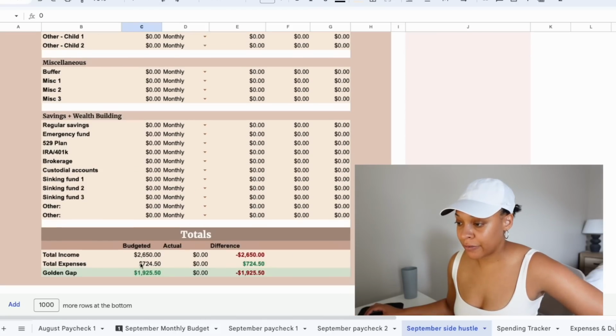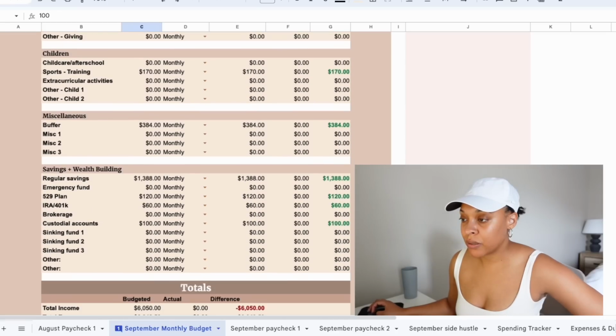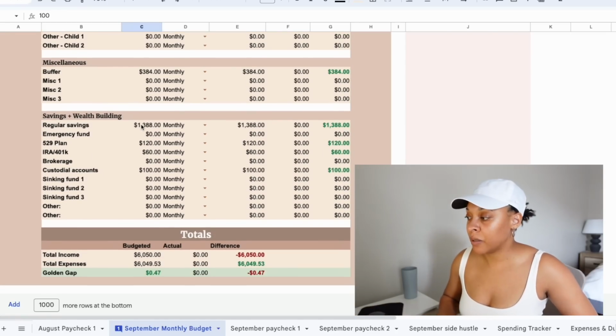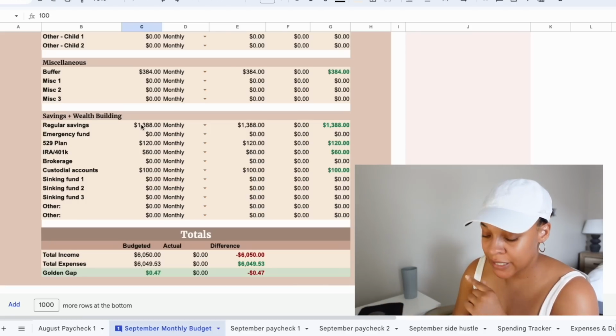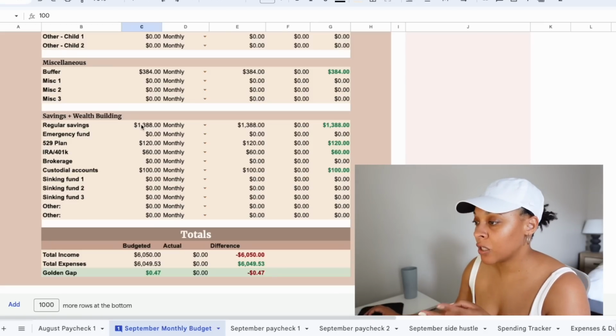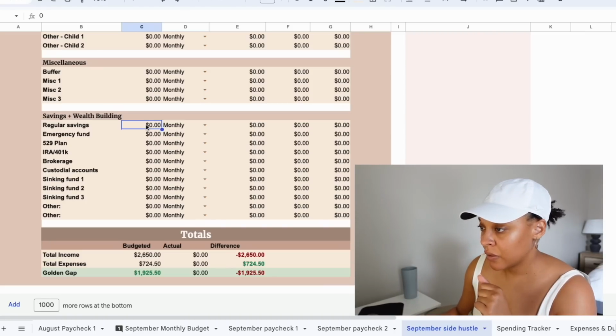How much do I have? So $19.25. I did say for savings, the majority is going to that unless something else pops up as far as income. So $13.88. I have $200 for my 9 to 5, so that would leave me with $11.88 that I'm needing to pull. $11.88.